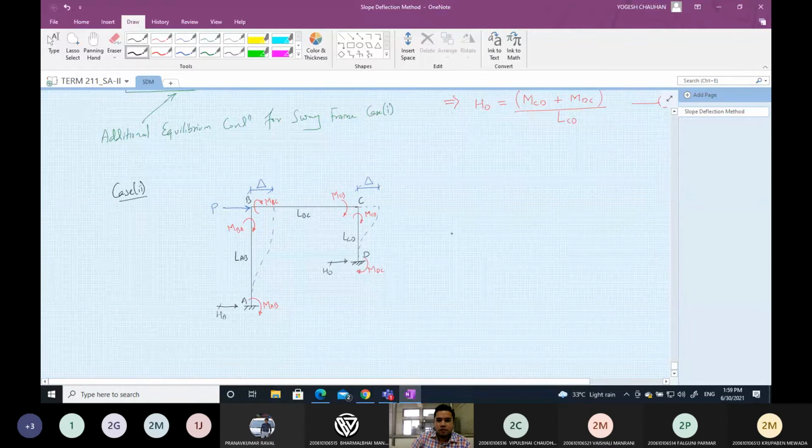So here the frame is unsymmetric as well as lateral load is present. Lateral load is present. So this implies the frame is sway frame.